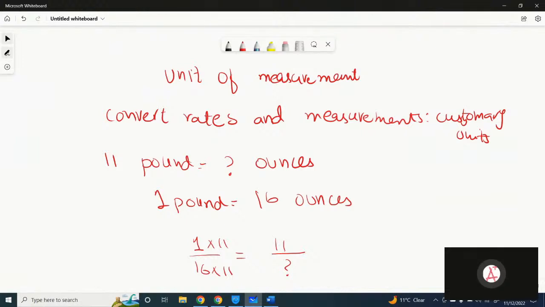That means it equals 176 ounces. So if you have 11 pounds, then you have 176 ounces. Got it?